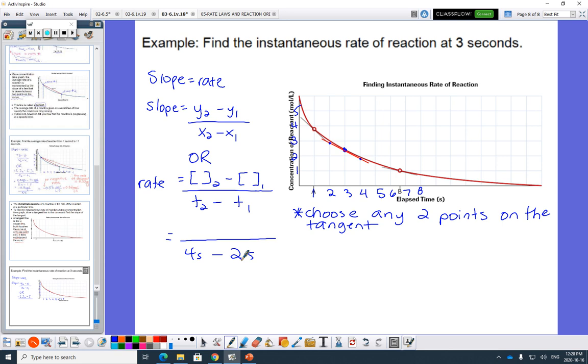So this is about, let's call that 1.9. This one, I'm going to call that 2.95.